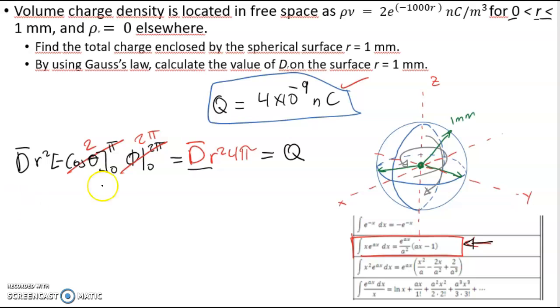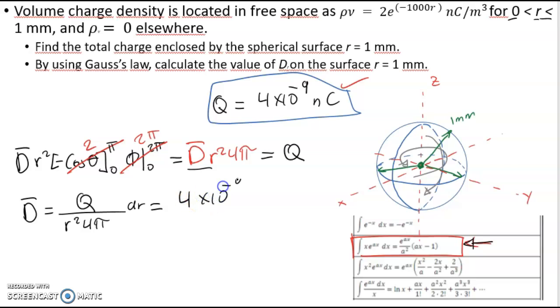The expression at the end will be D equals Q over radius squared 4 pi, always in the radial direction, and we will get 4 times 10 to the minus 9 over radius squared, but the radius is 0.001 squared, 4 pi, in the a_r direction.